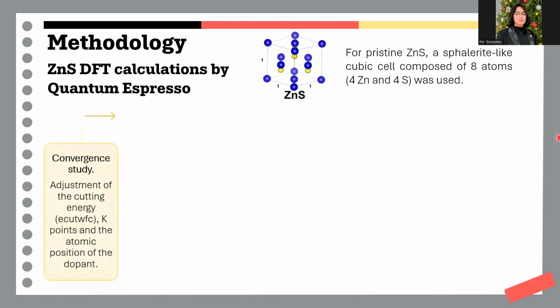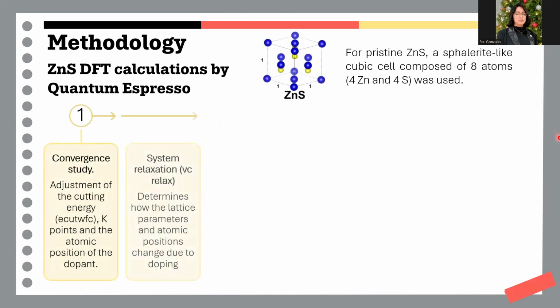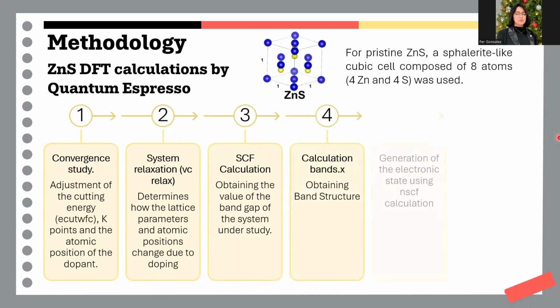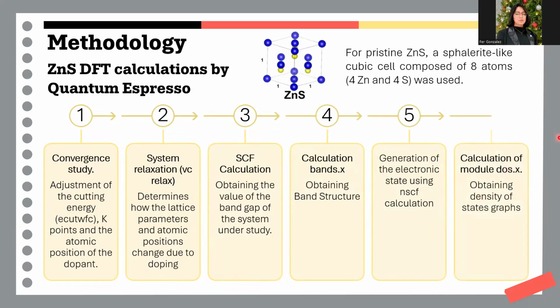Using the Quantum Espresso program in the supercomputer of the National Supercomputing Laboratory of the Southeast of Mexico, the determination of the electronic properties such as band structure, density of states, and band gap of pristine zinc sulfide was carried out following the next procedure.